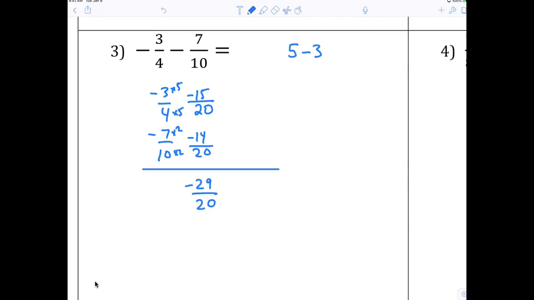Now it's 5 minus 3. Listen to me now so I can really help you. This symbol is subtraction. It's also negative. You with me? So this 3/4, I want you to be able to tell me is negative. This 7/10 is what? Negative. Because they're both negative, we add them together.